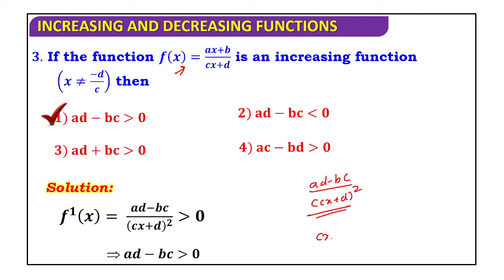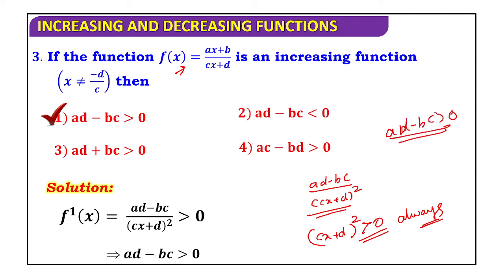And here Cx plus D whole square is always greater than 0. Now you can just see that AD minus BC, if it is greater than 0, then the function is increasing. Clear?